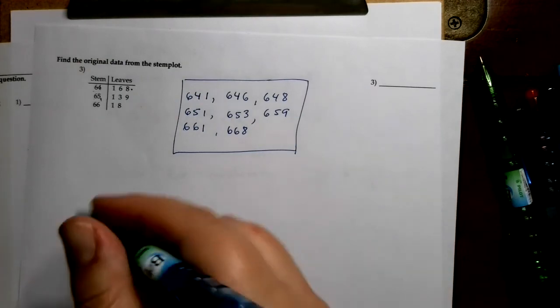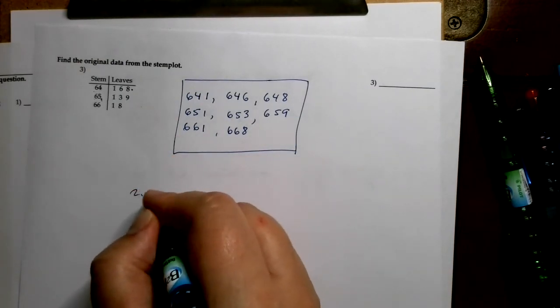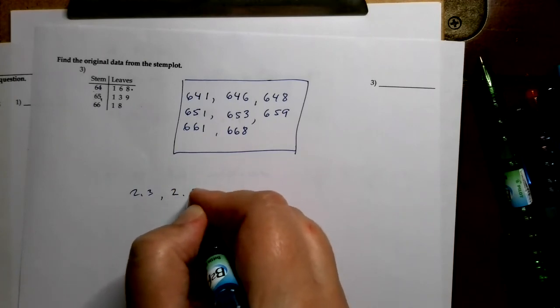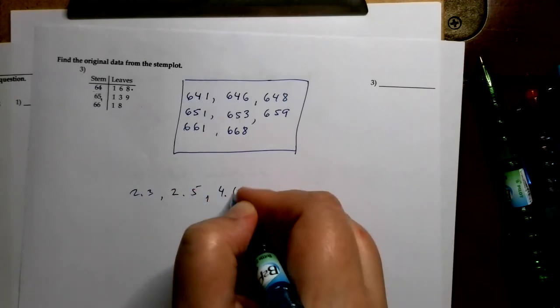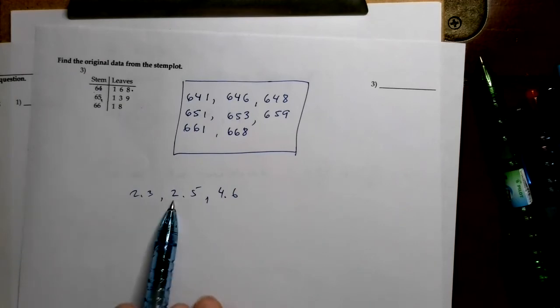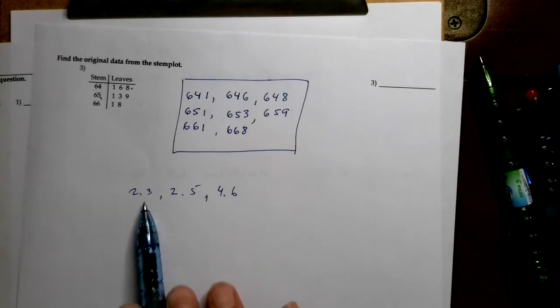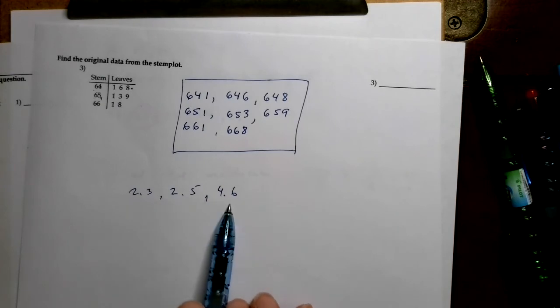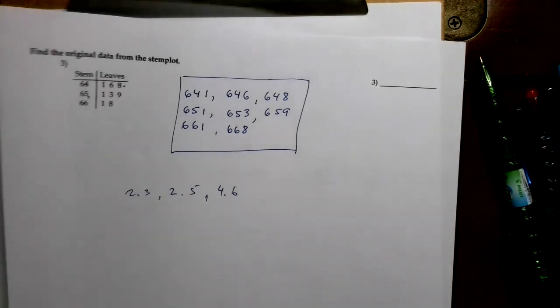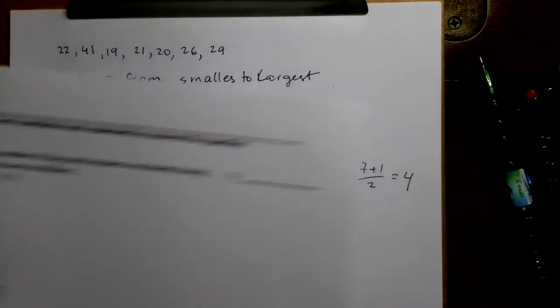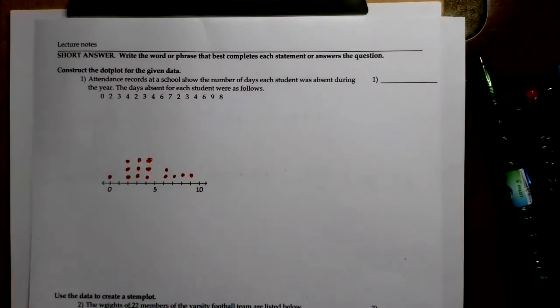I guess if we had data like 2.3, 2.5, 4.6, we could make the whole part a stem and the decimal part a leaf, but it's only possible when they're all rounded to the same number of decimal places, and that would be a discrete data set.